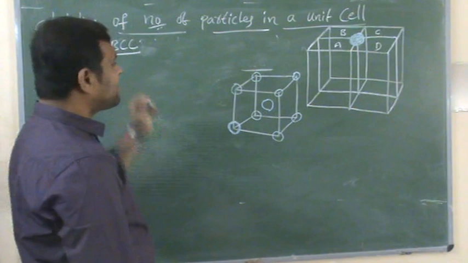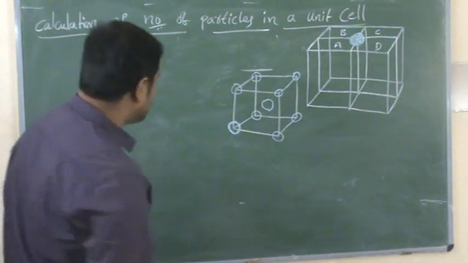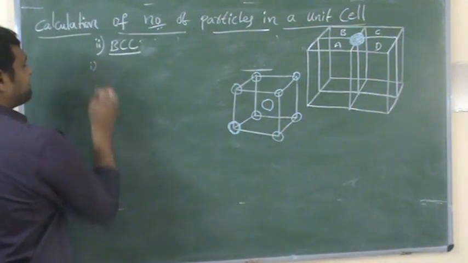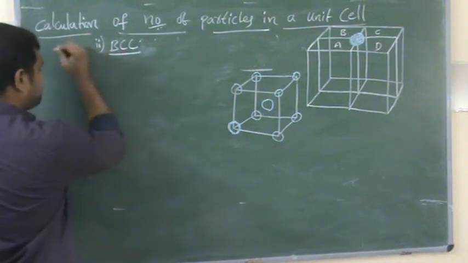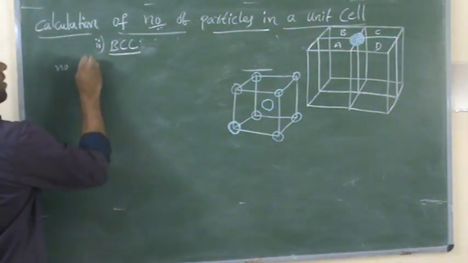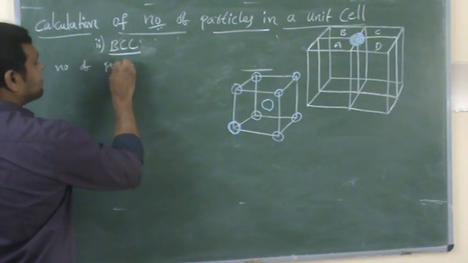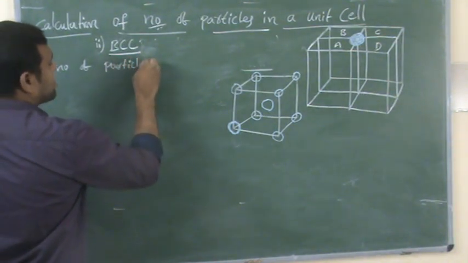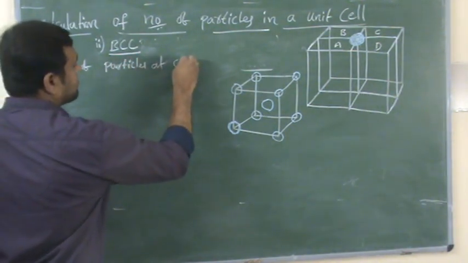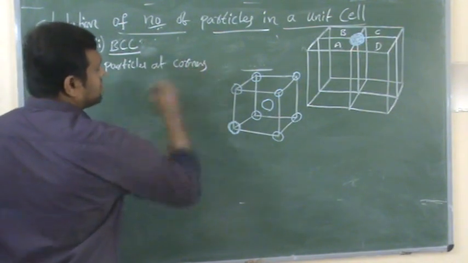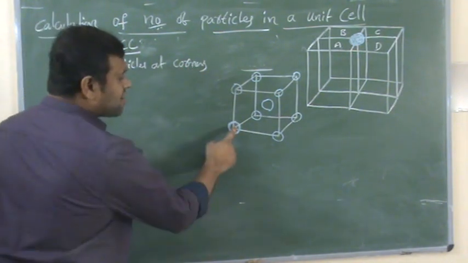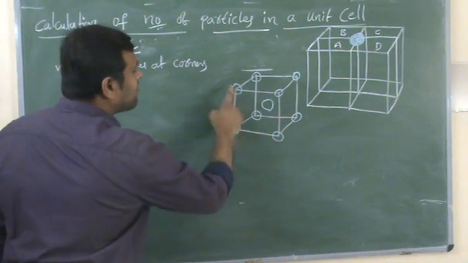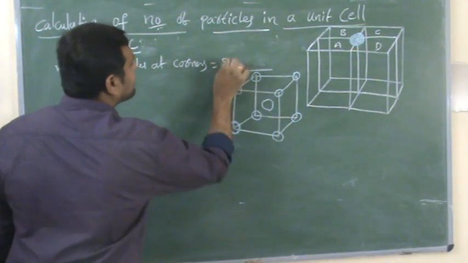Now let's calculate the number of particles here. First, the number of particles at corners. You have to say how many corner particles are there: 1, 2, 3, 4, 5, 6, 7, 8.